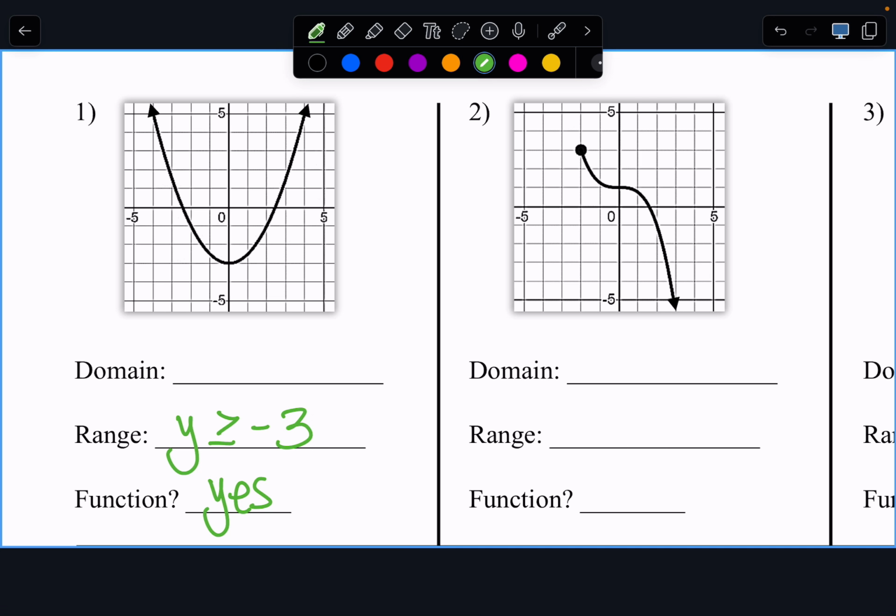Now our domain. If we go from left to right, is there anywhere where we're not going to have graph? No, because it's going to keep on going forever in that direction, and it's going to keep on going forever in that direction. So we're going to say that our domain is all real numbers.